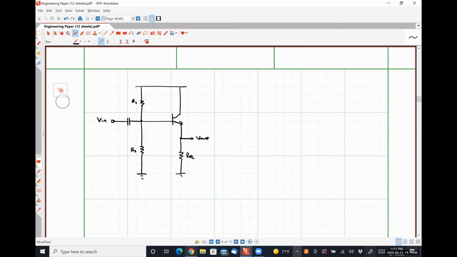So this is our first one. And then our second one is very similar, but effectively only contains one resistor connected at the base.